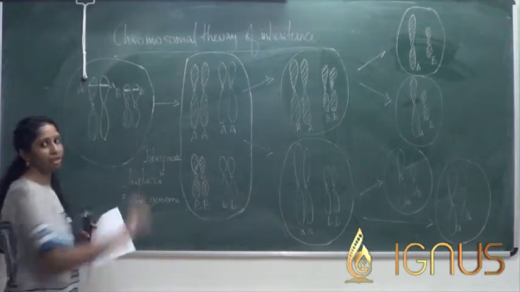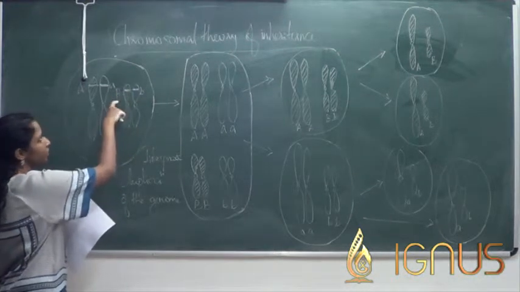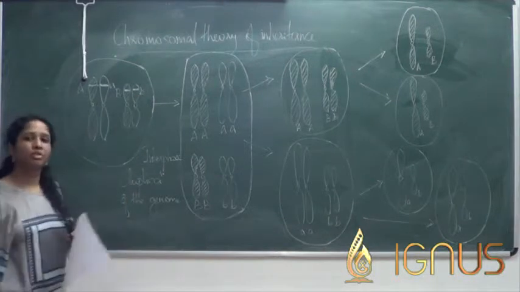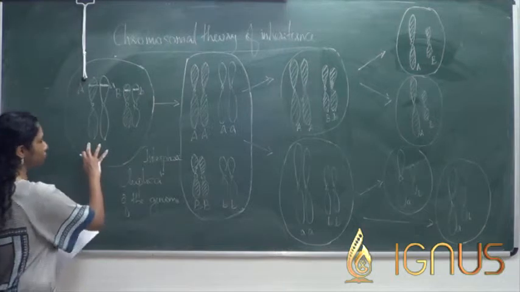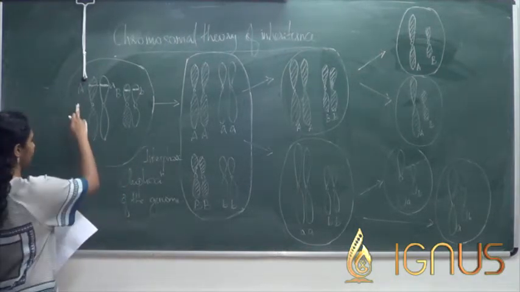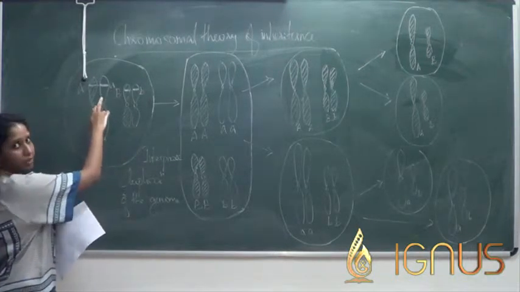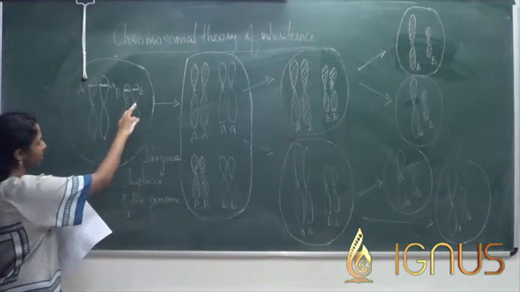The same goes for the pair carrying gene B. At one locus you have the dominant allele capital B, and at another locus the recessive allele small b. So two pairs of chromosomes, each pair carrying one gene, A and B, and each pair has two alleles, a dominant and a recessive.